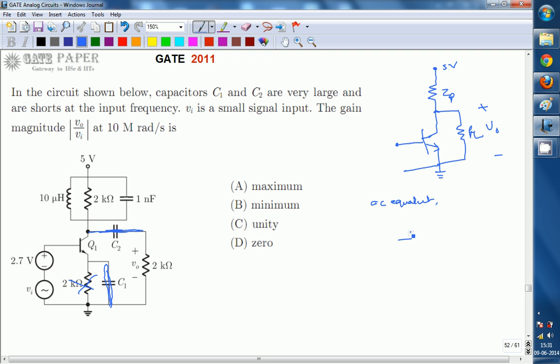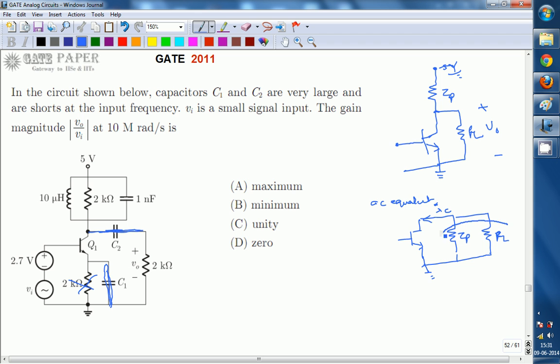For the AC equivalent, the 5 volts acts as ground, so it will be in parallel with ZP, and ZP in parallel with RL. The current flowing through this is IC.